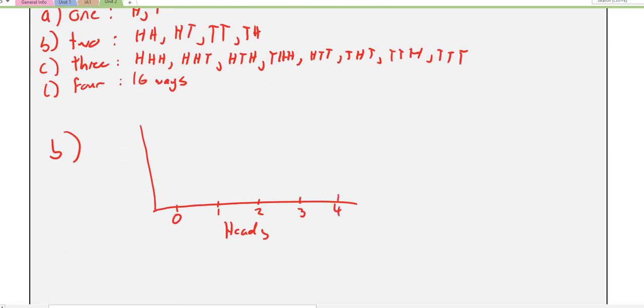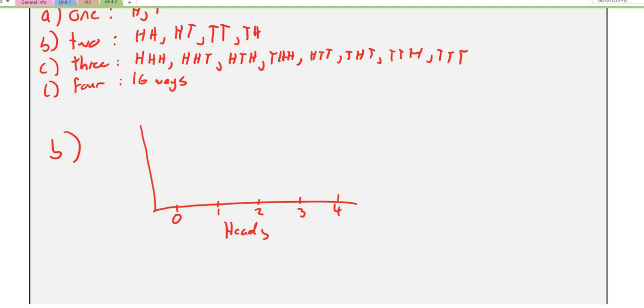Okay. So I've said there's going to be 16 ways that these can go. How many of those ways are going to give us no heads? 1 way out of 16, because it's got to be tails, tails, tails, tails. There's only 1 way that can happen.